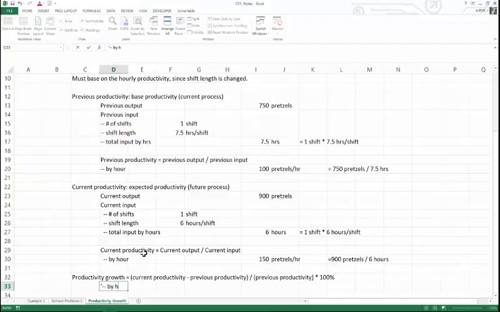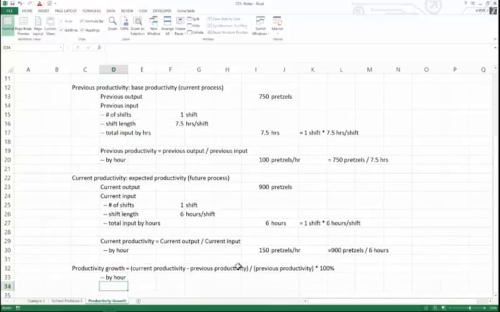Notice once again, every productivity is by hours. You cannot do it by shifts. If you do it by shifts, you definitely won't get the right number. So it is equal to the current one, 150, minus the previous one, 100, divided by the previous one, and times 100%.